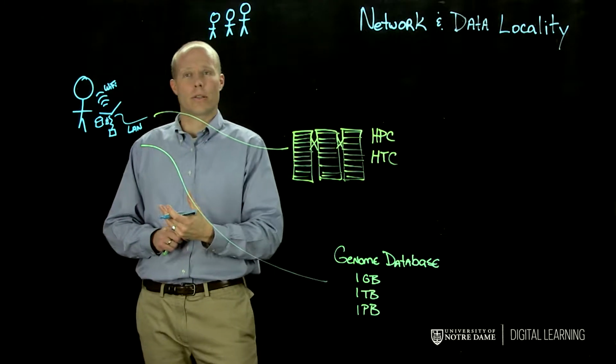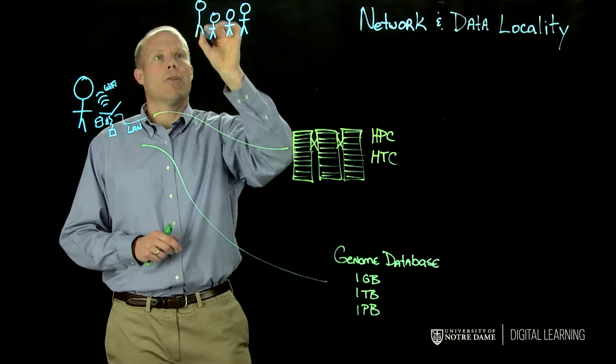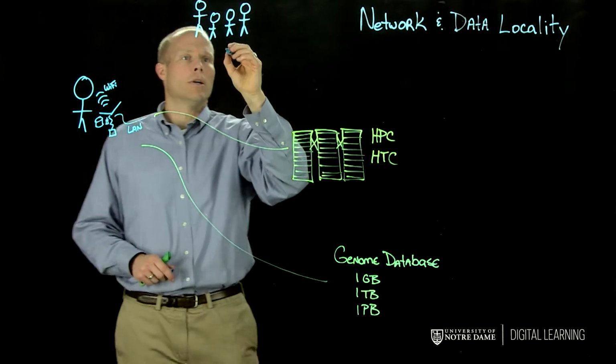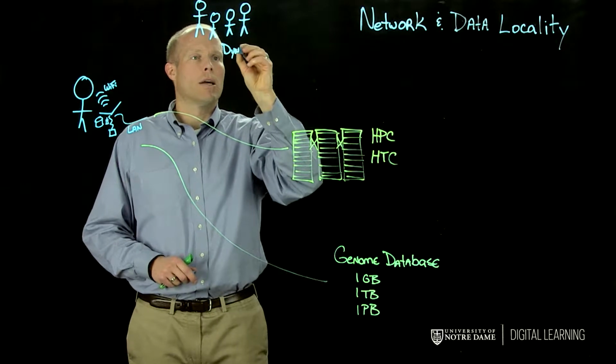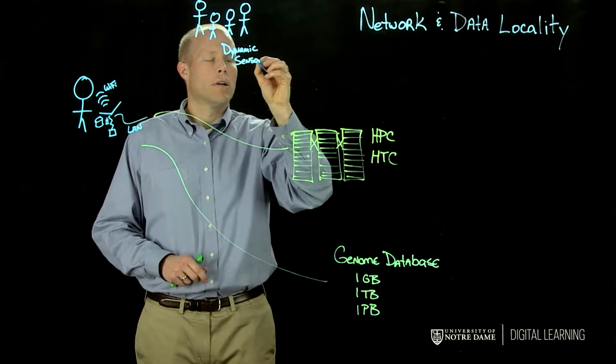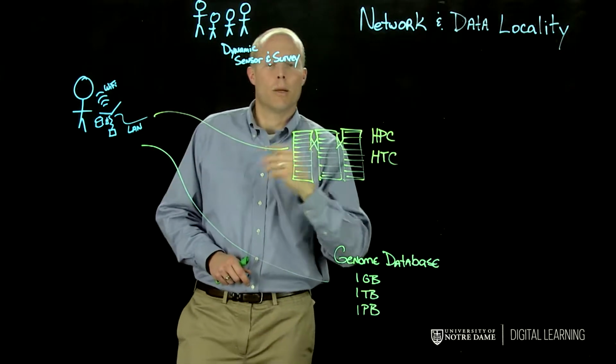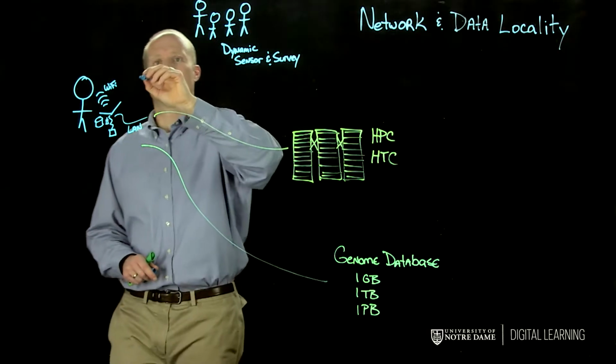So we've got sensors, we've got surveys, so we've got a lot of information out there that we might want to get access to. So we'll talk about dynamic sensor and survey data that we might want to be able to get access to.